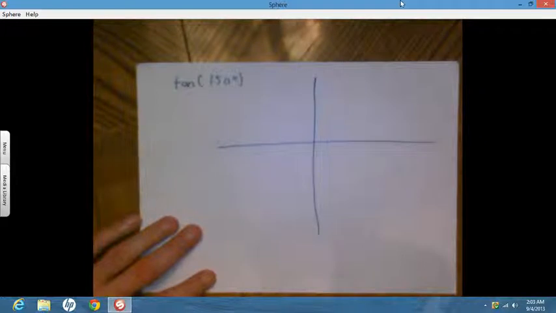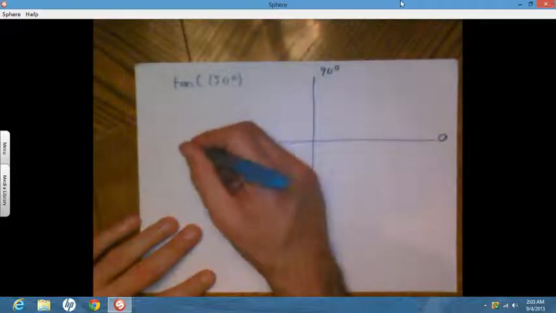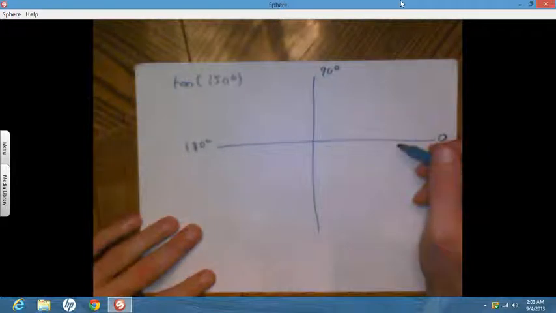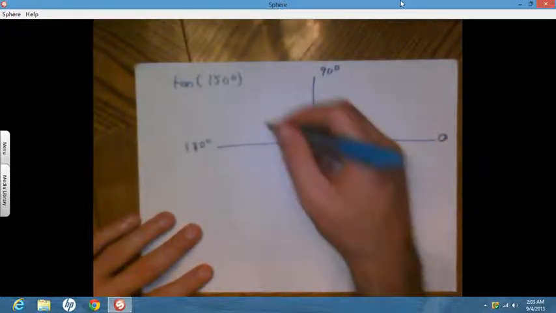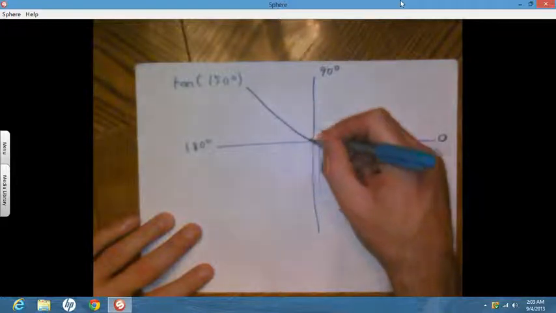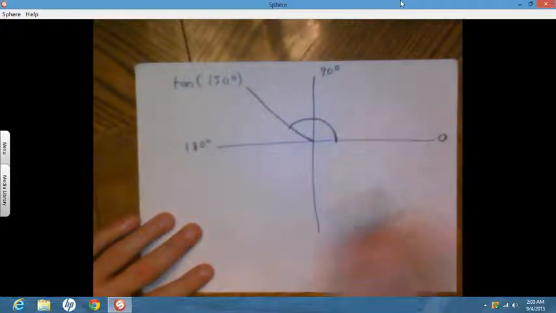Well, here's 0 degrees. Here is 90 degrees. Here is 180 degrees. So right away, I know my first step is I locate what quadrant I'm in. And I am right over here. I'm in the second quadrant. I'm past the 90, I'm not up to the 180.